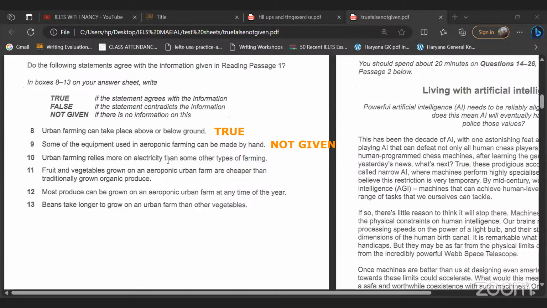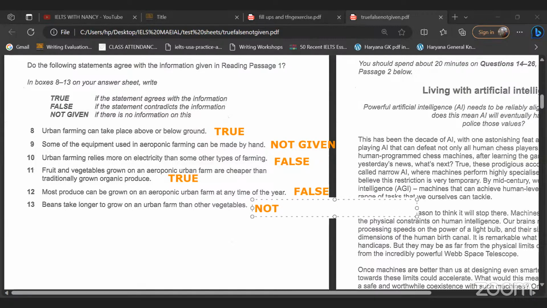Urban farming relies more on electricity than on any other type of farming, they have not mentioned that. That was contradictory, right? False. Fruits and vegetables grown on aeroponic urban farm are cheaper than. This is true. Most produce can be grown in aeroponic farm at any time of the year. No, they say only summers. False. And the last one is not being mentioned. That is why it is not given.